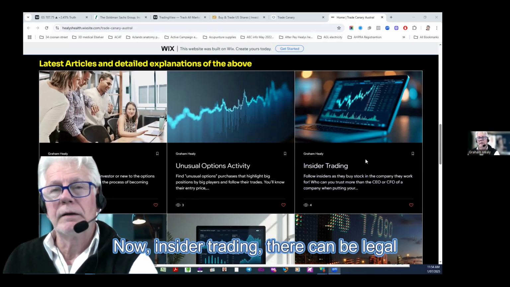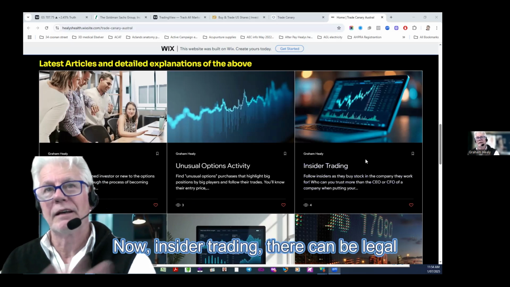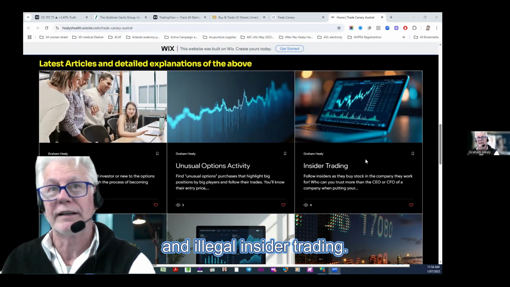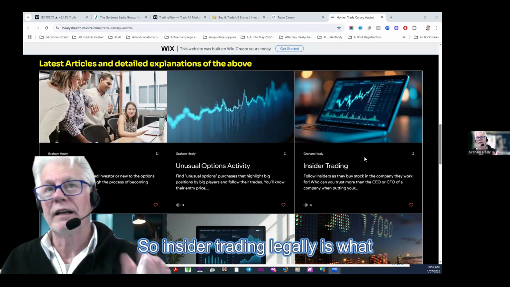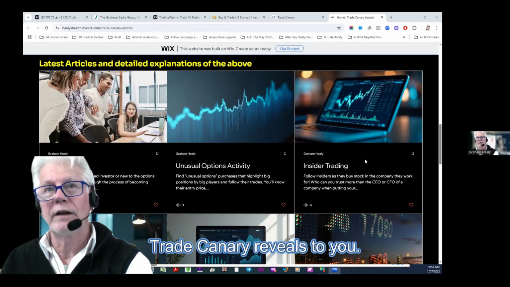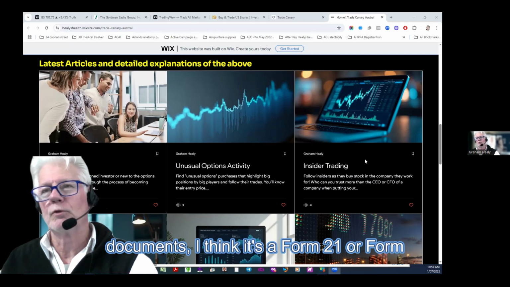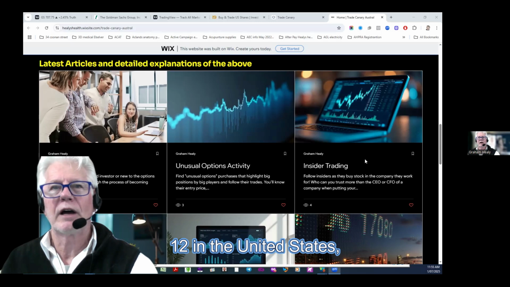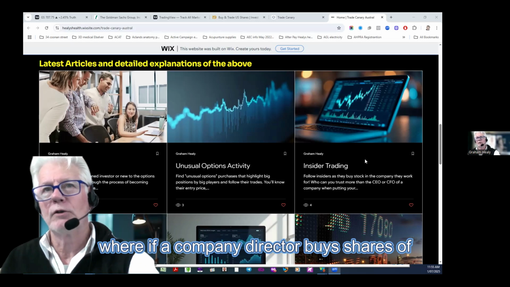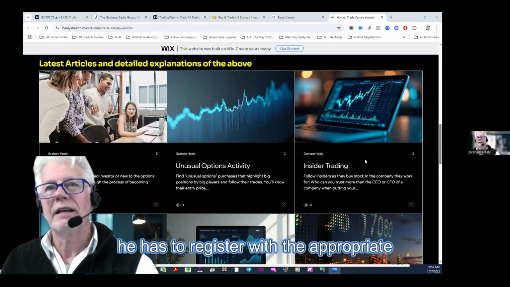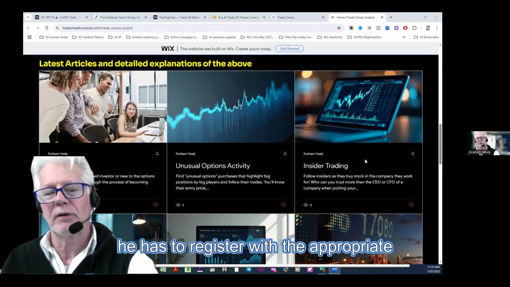Insider trading. Now, insider trading, there can be legal and illegal insider trading. So insider trading legally is what Trade Canary reveals to you. And this is documents, I think it's a Form 21 or Form 12 in the United States, where if a company director buys shares of his own company, he has to register with the appropriate authority.